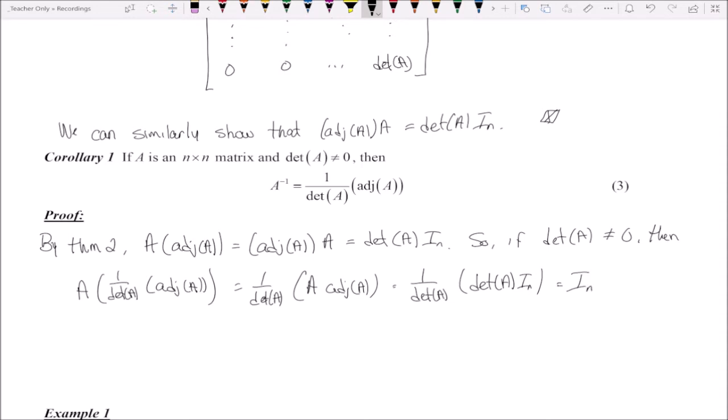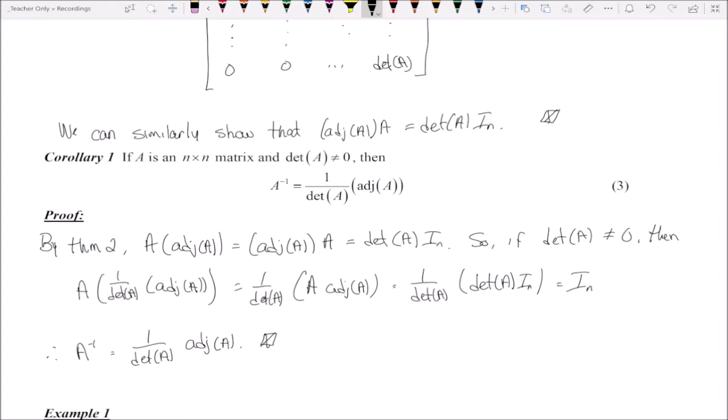So what we just did was show that if you multiply A by 1 over determinant A times adjoint of A, you get the identity matrix, which is, by definition, the inverse of A. Which is what we desired, and so the proof is complete.